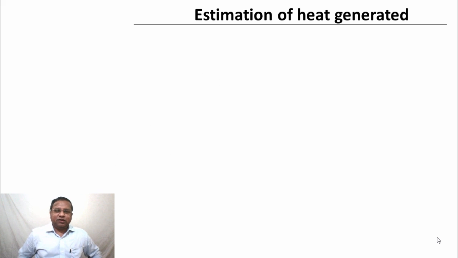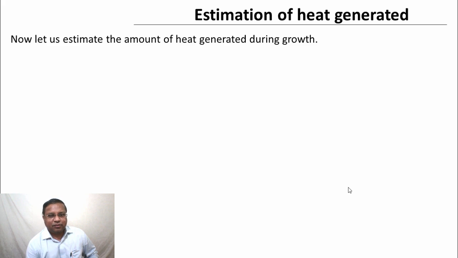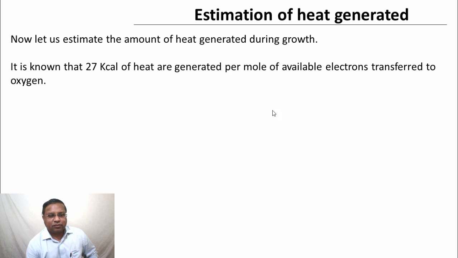Now using these, let me show you how to estimate the heat that is generated from the cells in the bioreactor during growth. It is known, I said the power of this method comes because the rule of thumb values are known, right?